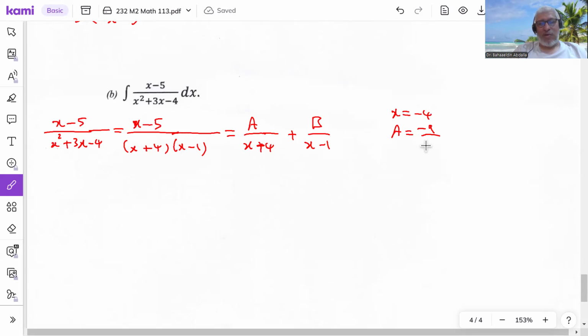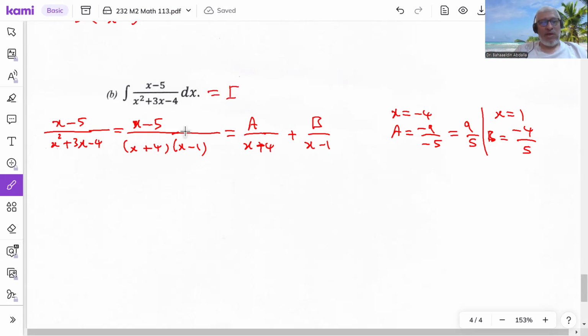Negative 4 minus 1 is negative 5. So in fact, A is 9 over 5. And if x is 1, I take x equals 1 to find B. So B would be: replace, 1 minus 5 is negative 4. And I don't replace x by 1 here because it will make it 0. I replace it here: 1 plus 4 is 5.